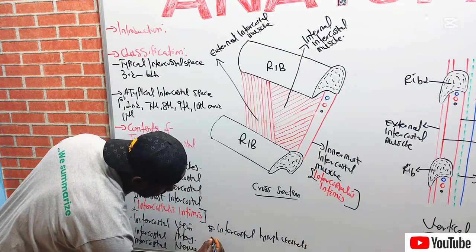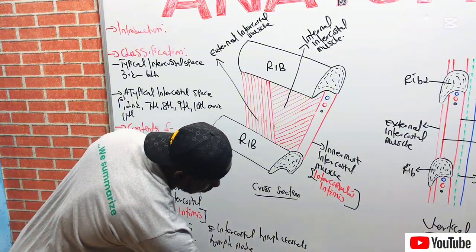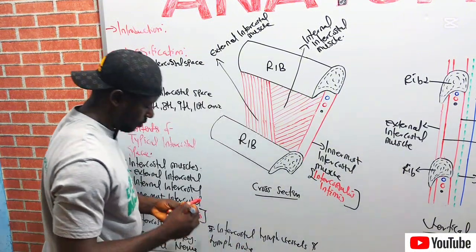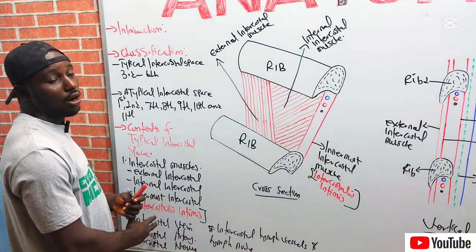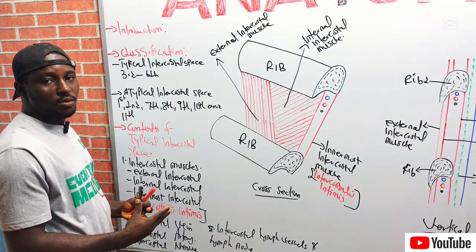Lymph vessels and lymph nodes. So these are the contents of the intercostal spaces, right?